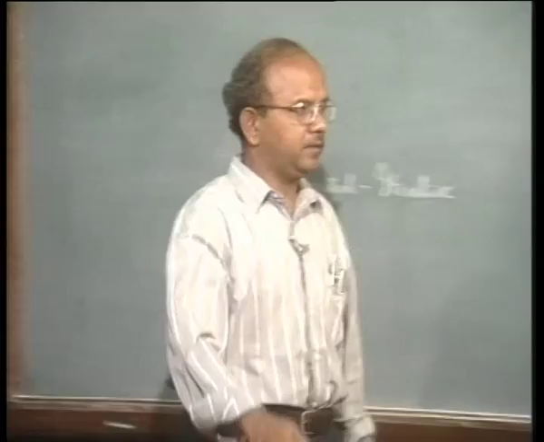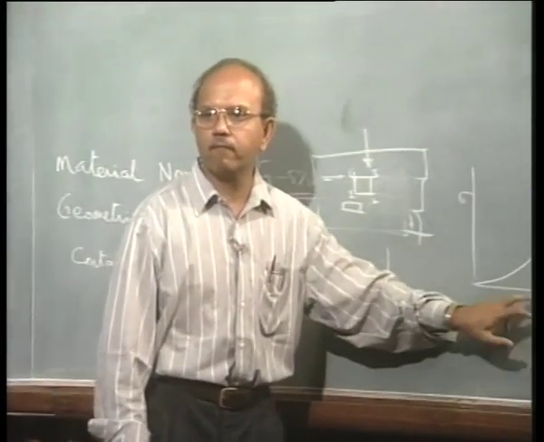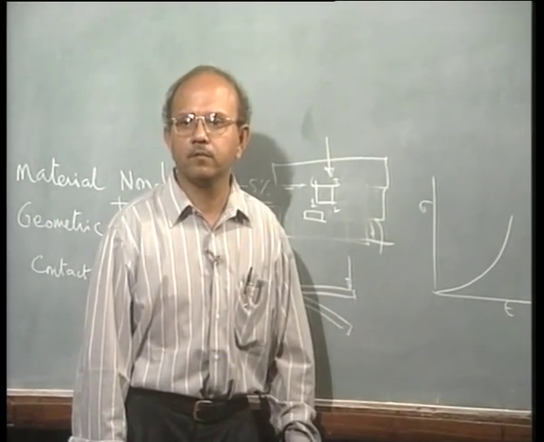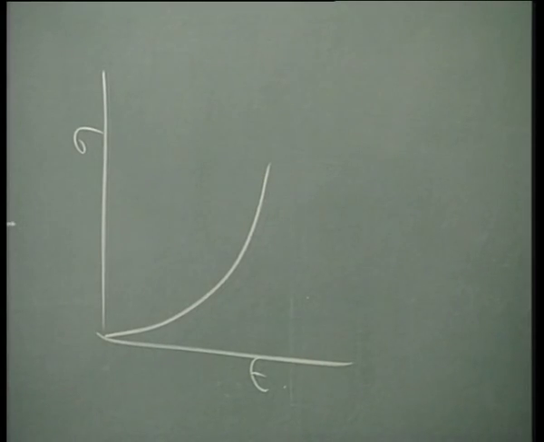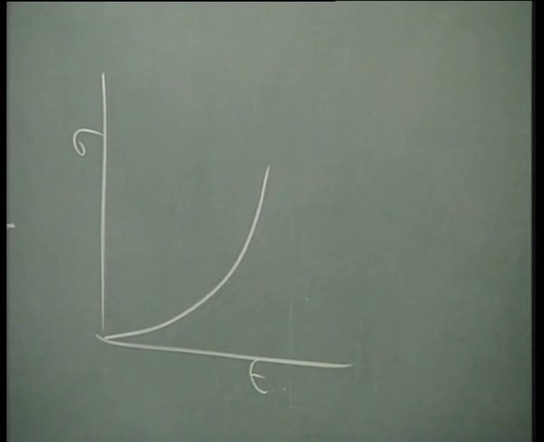Now, let us look at this curve here. What do you get out of this curve? What do you think is the major difference between this curve and a linear curve? I am not going to draw the linear curve in that, but can you tell me what is the difference between this curve and, say, a linear stress strain curve? Slope, correct.